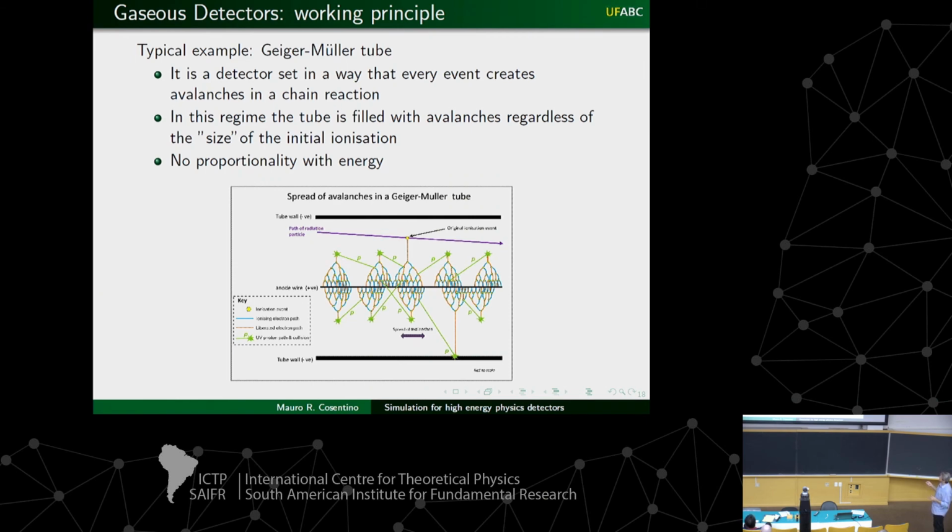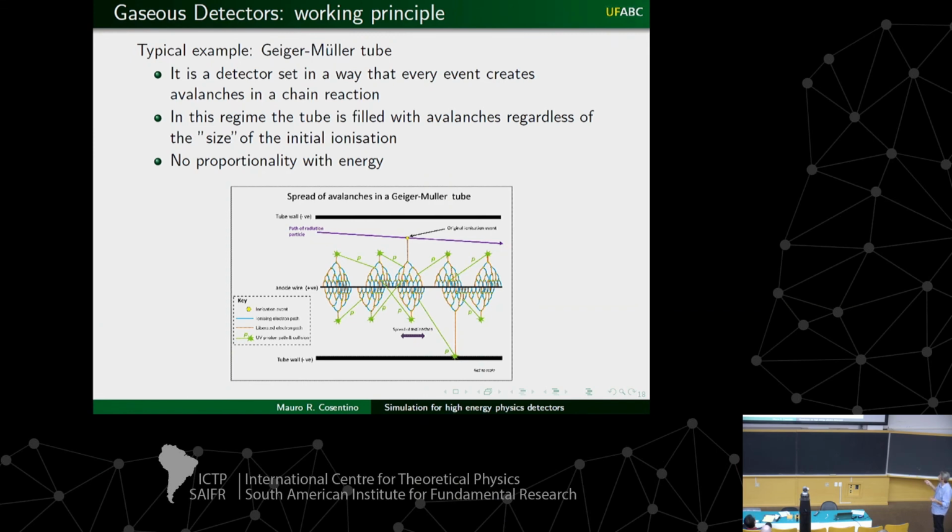So basically what you have, this is a cross-section, a longitudinal cut, right? It's like a cylinder with a wire in the center of the cylinder. Here you have the anode wire, and here you have the cathode cylinder. You have a potential difference here. You have this cylindrical symmetry of the electric field, which makes, at some point, the gradient very high, and this will make the electrons acquire very high kinetic energy.